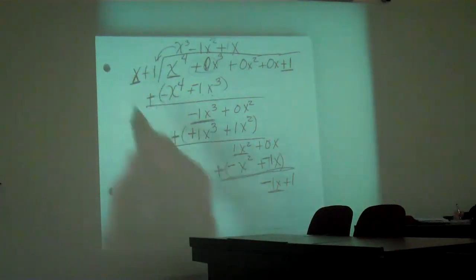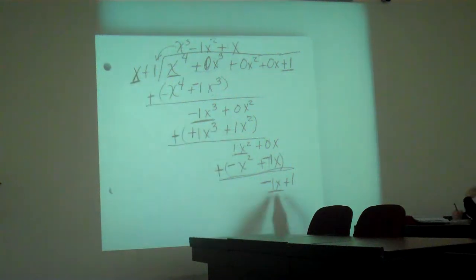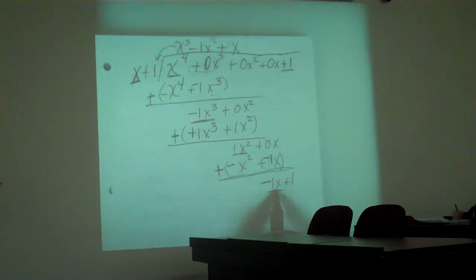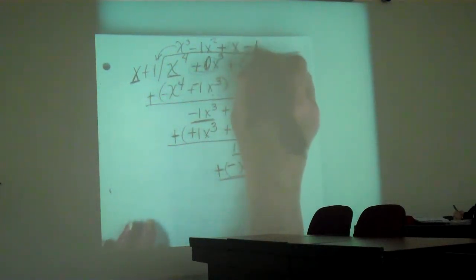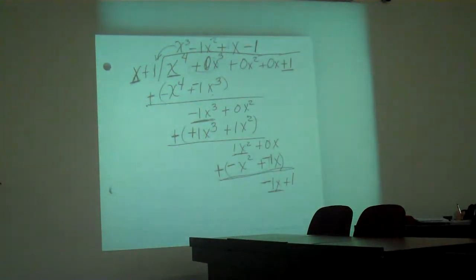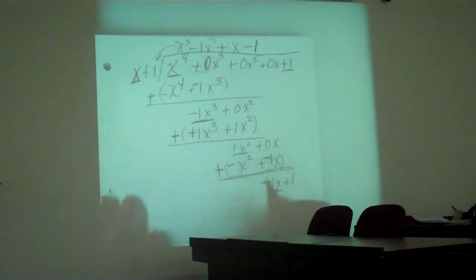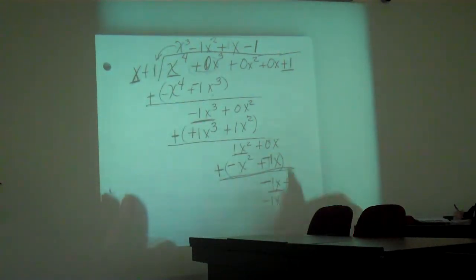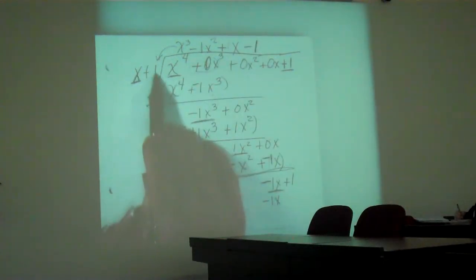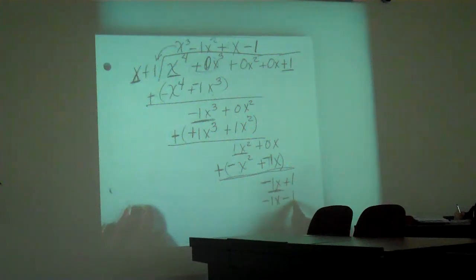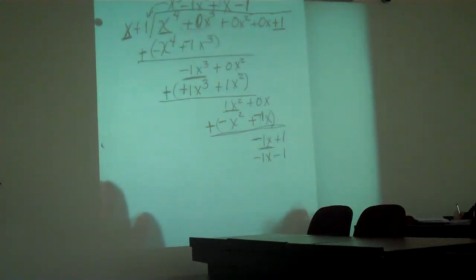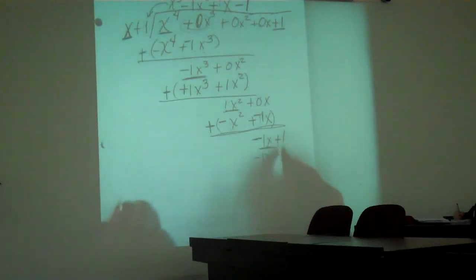Okay, what do we need? We have an x. What do we need to multiply by? By negative 1. We need that 1, because that's all that it is, okay? Negative 1x. And then negative 1 times 1, that's negative 1. So we're going to have a remainder again, because this doesn't match exactly.